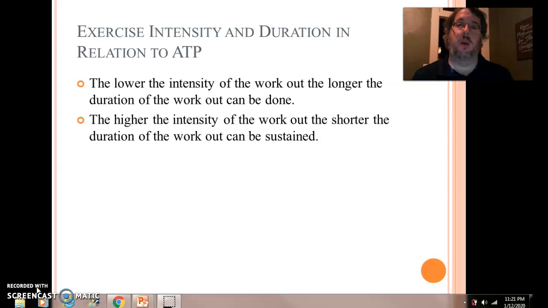Whereas if you have high intensity, your body fatigues faster. It's like when you're lifting weights, you are able to do a lot more reps with a 15-pound weight, whereas if you try a 50-pound weight, it's a lot harder to do as many reps as you could with a 15-pound weight.